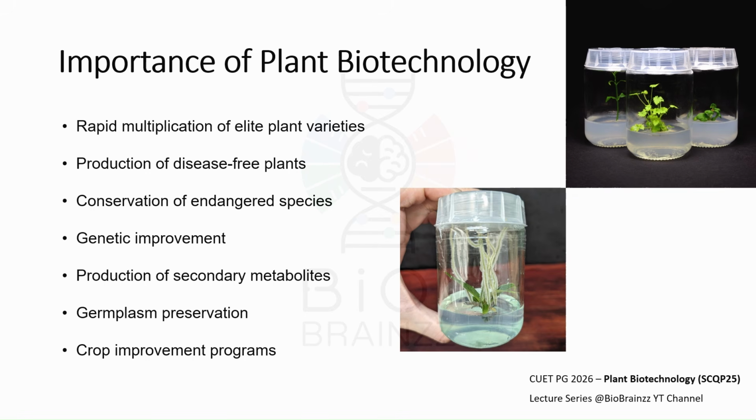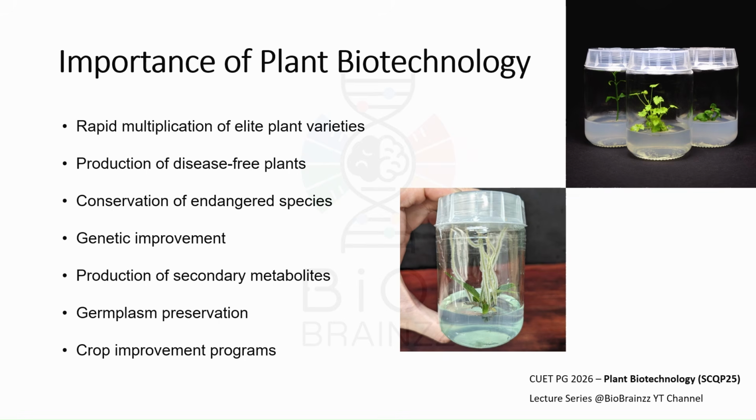Importance of plant biotechnology. Why is plant biotechnology considered so important in modern agriculture and conservation biology? One major application is the rapid multiplication of elite plant varieties. Suppose a farmer or breeder develops a superior plant with high yield or disease resistance by tissue culture.